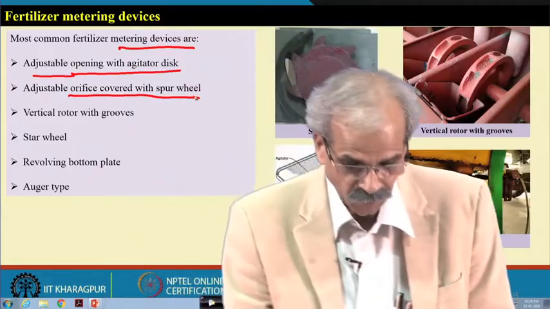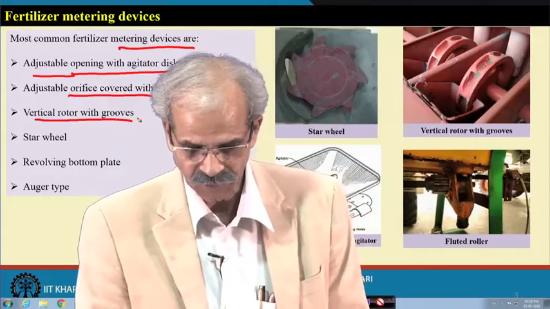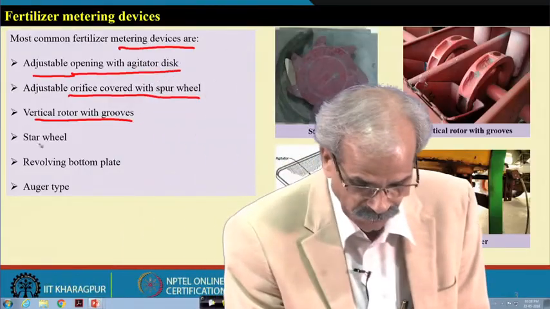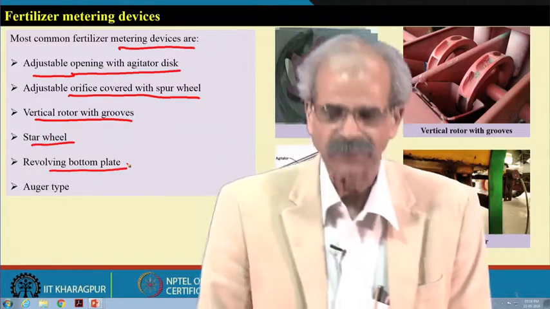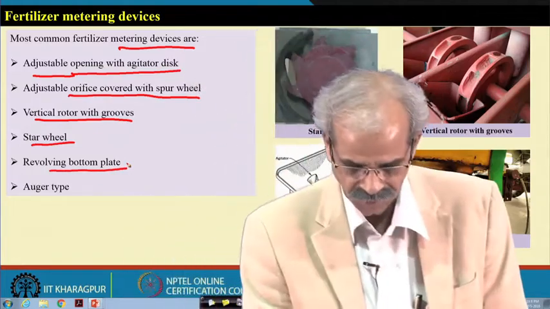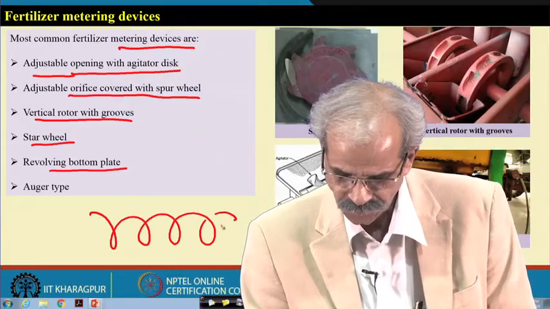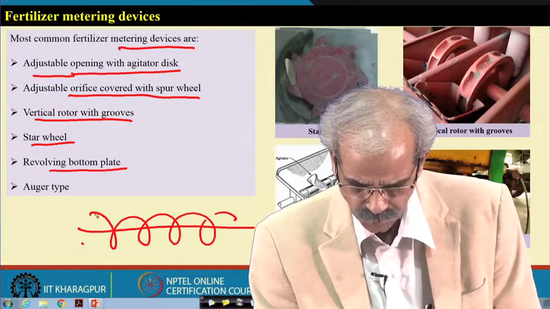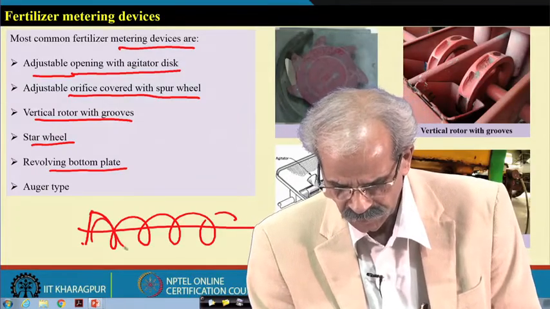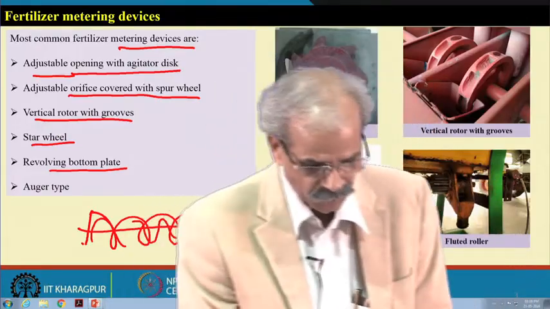The vertical rotor with grooves is another one, and the star wheel type. You can have a revolving bottom plate, and auger type. You must have seen augers when they are operating like this. On the shaft, the material could be transported through these, and the revolving bottom type.